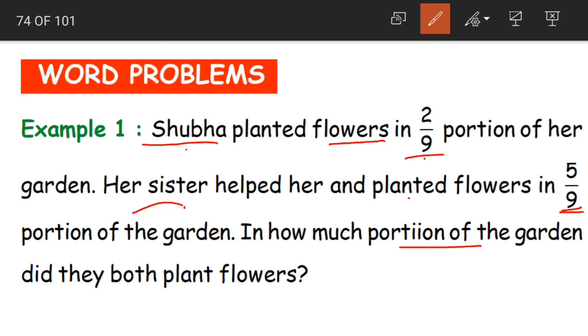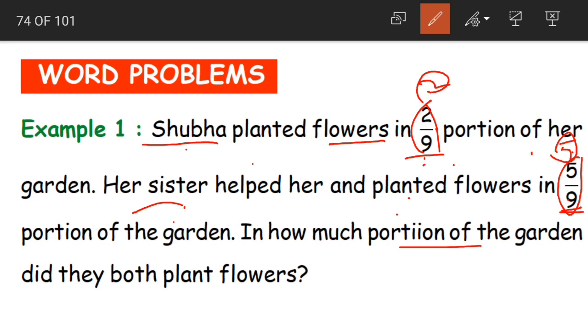See, if you are not able to make out how to solve this because of the fractions, just replace the fractions by a number, children. Okay, if you say Shubha planted flowers in 2 portions and her sister and she planted flowers in again 5 portions, now what will be the total number of portions? We will add these two together.